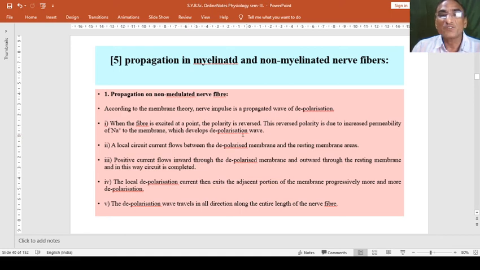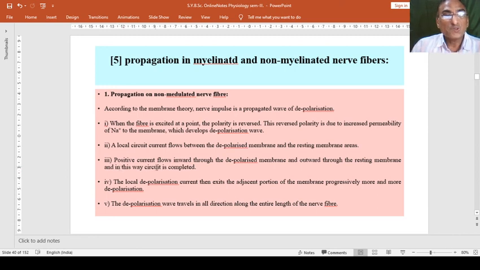depolarization waves. We have previously seen that the movement of sodium ions causes depolarization and the movement of potassium recovers the repolarization. Secondly, a local circuit current flows between the depolarized membrane and the resting membrane areas.